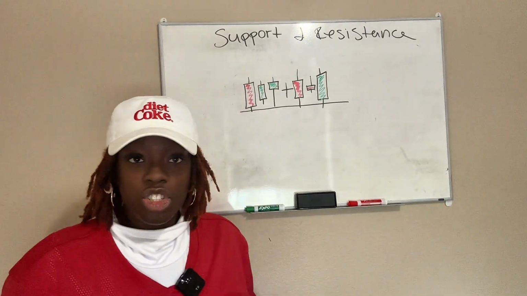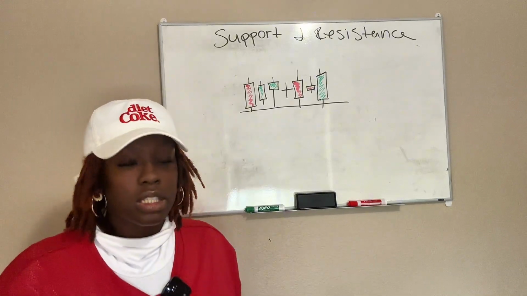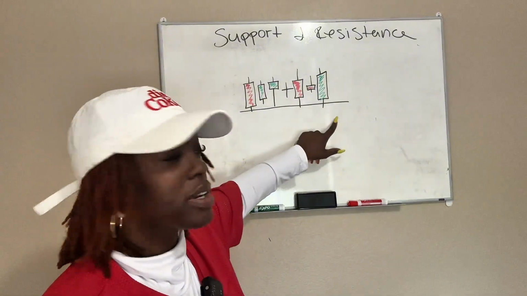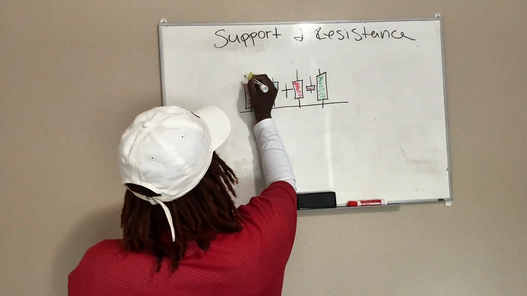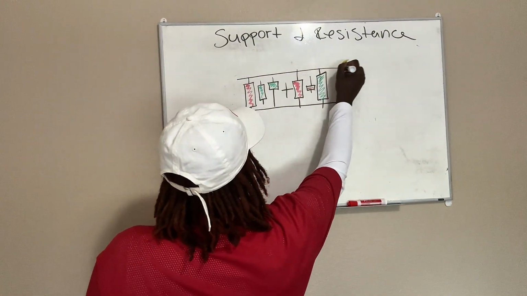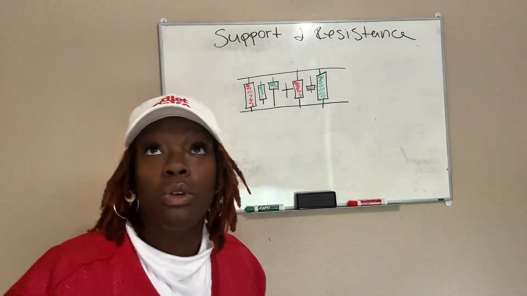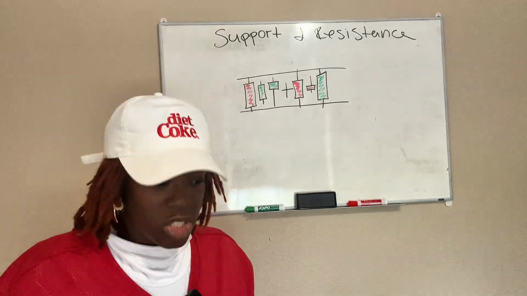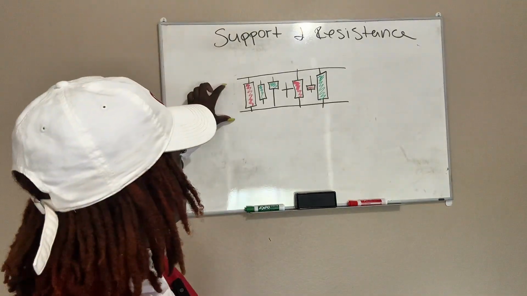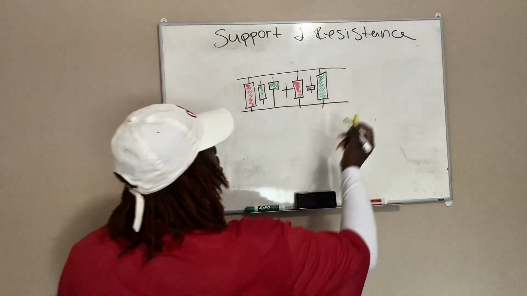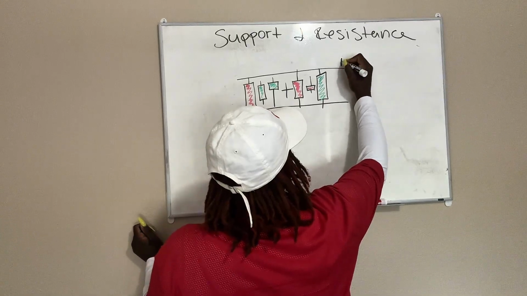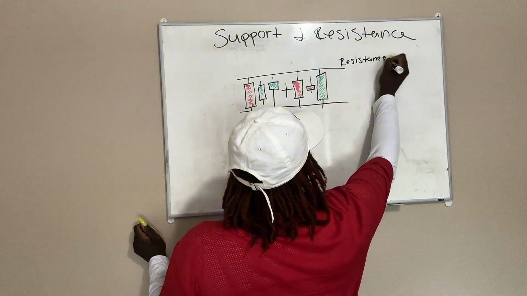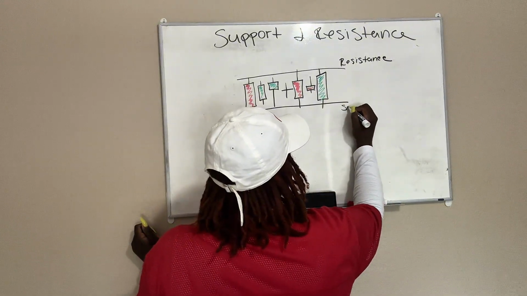Support is your floor, and nothing is going through your floor. So as you can see, it created a support here. And then you have your ceiling, because if I throw something at the ceiling, it's not going to go through. It's just going to get pushed back down. This is your resistance. And this is your support.